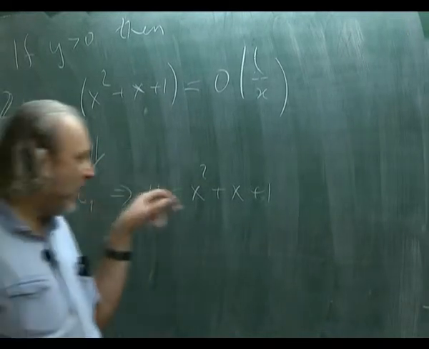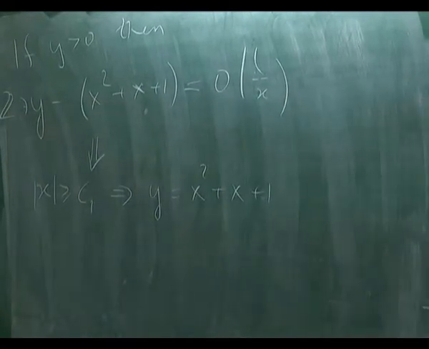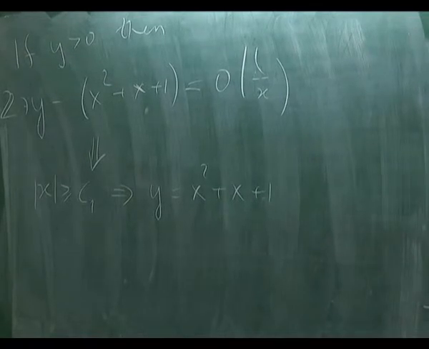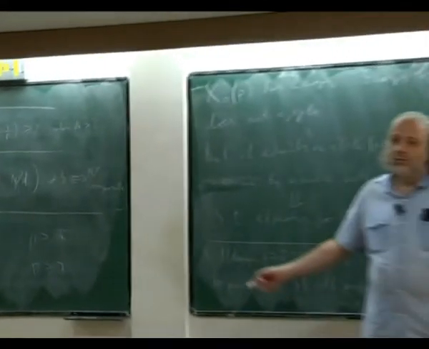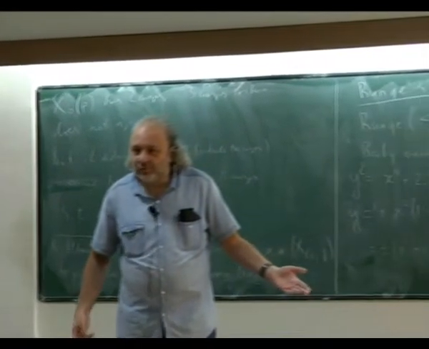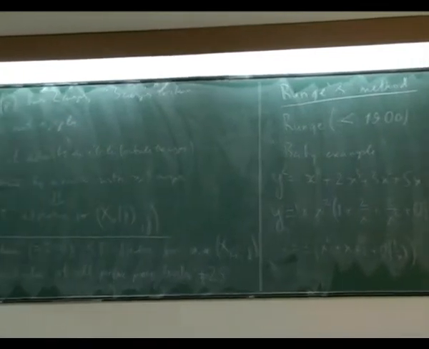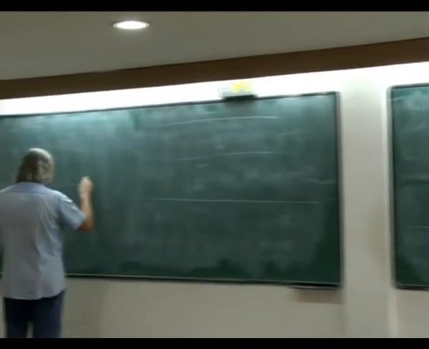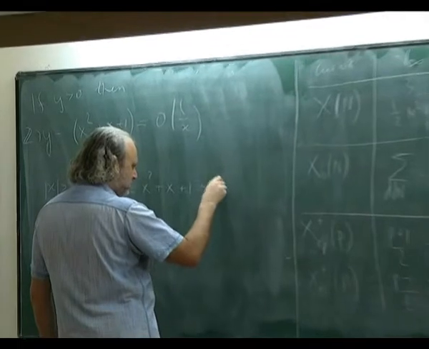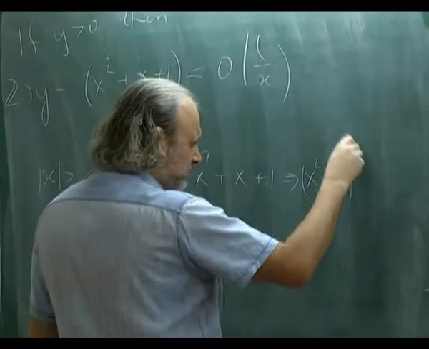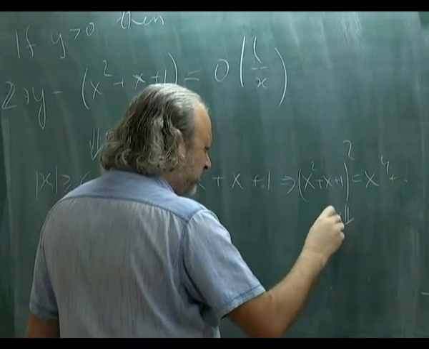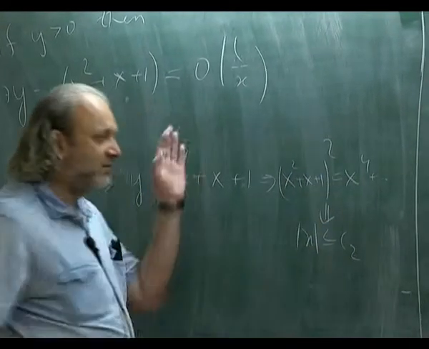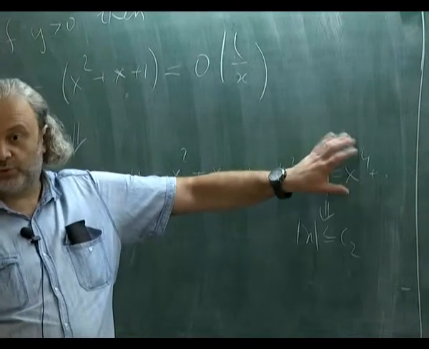So we obtain one more relation. We can just substitute x squared plus x plus 1 here, and we obtain that x is a root of a certain polynomial, which implies that x is bounded by a certain constant C2. Actually, one can even check that there are no roots for this polynomial.